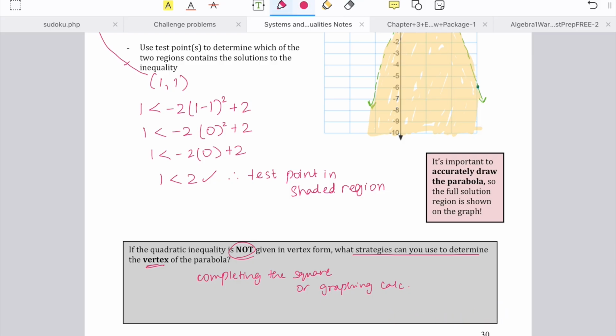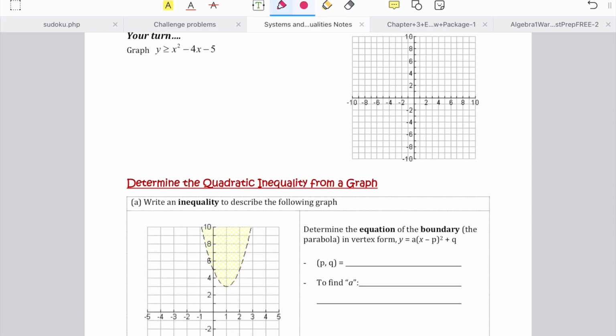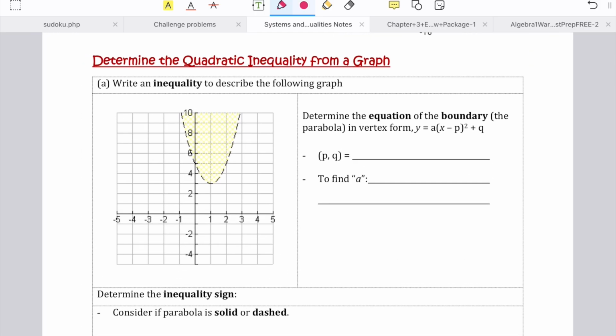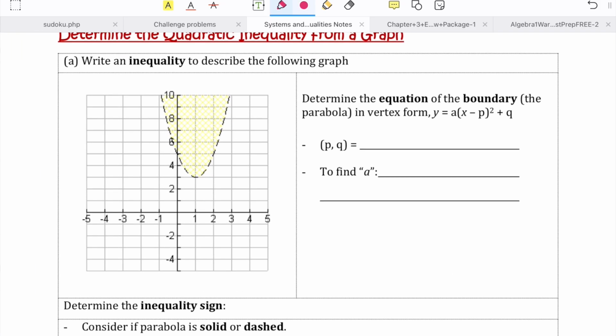Now, before I give you some time to do that, I just want to go over how you would figure out the equation when a graph is given to you. This is what we did yesterday. First thing I ask myself, if I want the easiest way of finding the equation, would you prefer standard form or vertex form if a graph is already given to you?